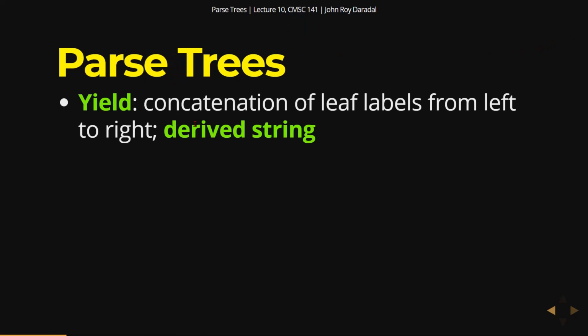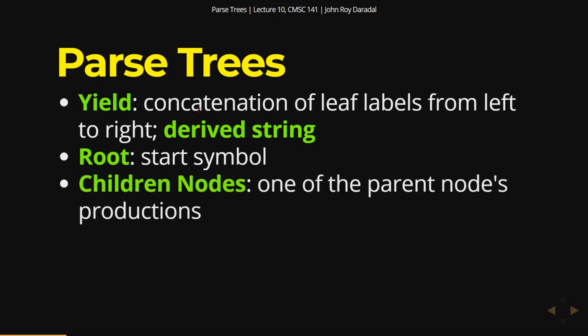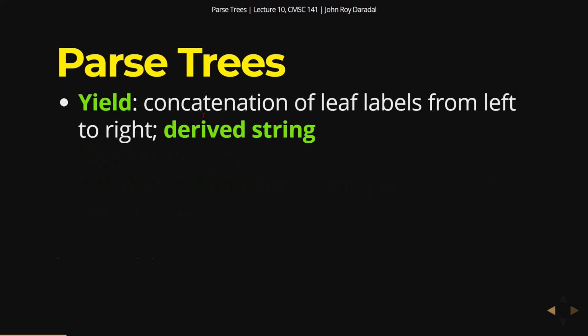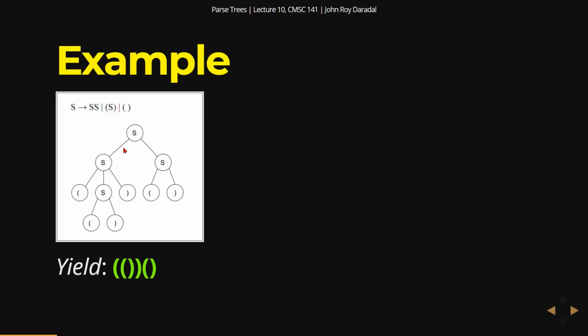So as we said, the yield is the concatenation of the leaf labels from left to right, and that is the derived string of the parse tree. Okay, so for the parse tree, you start with the start symbol at the root, and then the children nodes are one of the parent node's productions. So going back here, you'll notice that the children, for example, of S would be SS, which is one of the productions here.